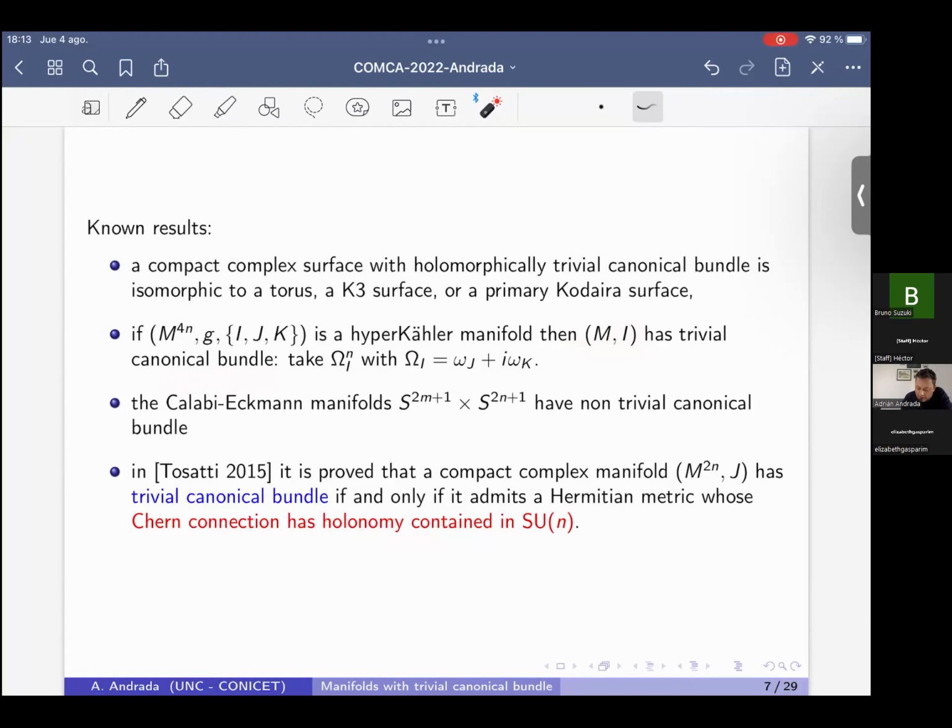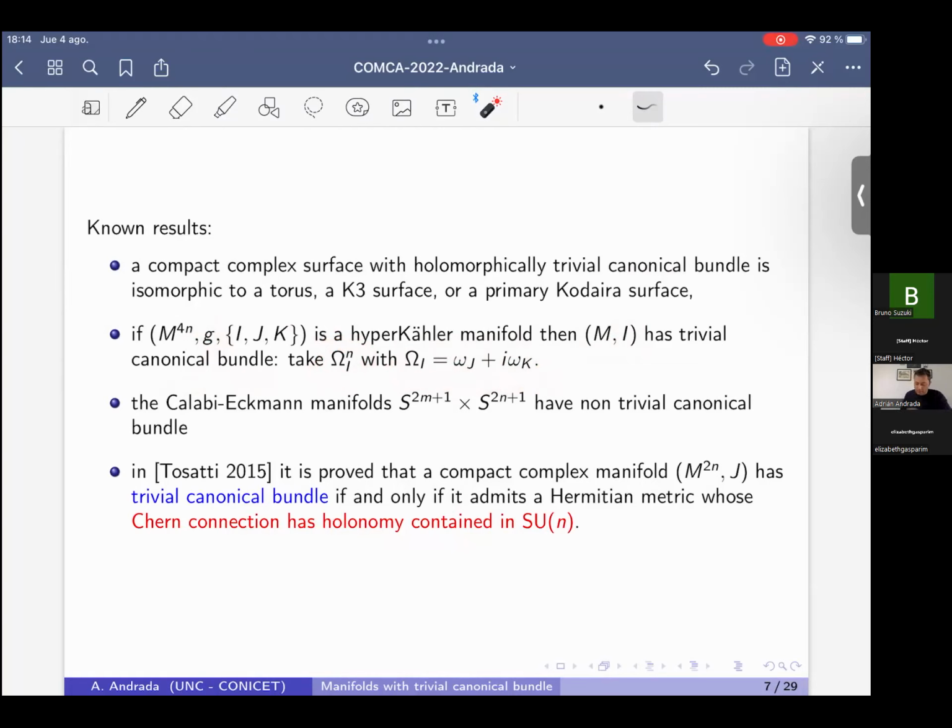Because we can take this complex form, omega_I, which is omega_J plus i omega_K, where these are the fundamental forms defined in terms of the metric g and the complex structures J and K. If we raise it to the nth power, we obtain a trivializing section of the canonical bundle.